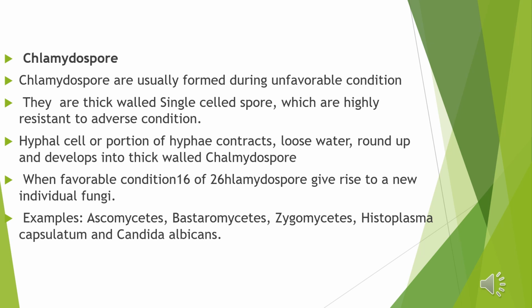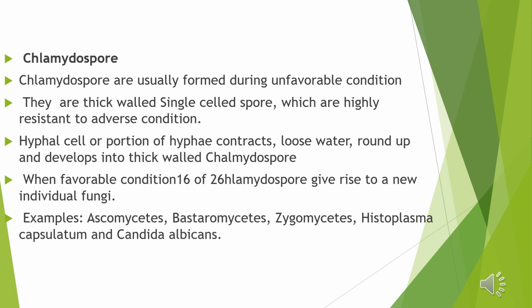Next, chlamydospore. They are formed due to unfavorable conditions. It may be due to extreme dryness or osmotic pressure. The chlamydospore is a single-cell spore which contains a thick cell wall, so they are resistant to adverse conditions.